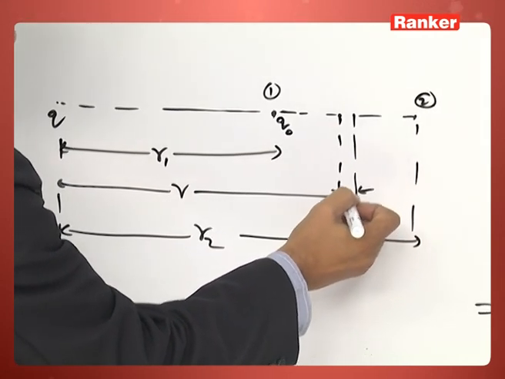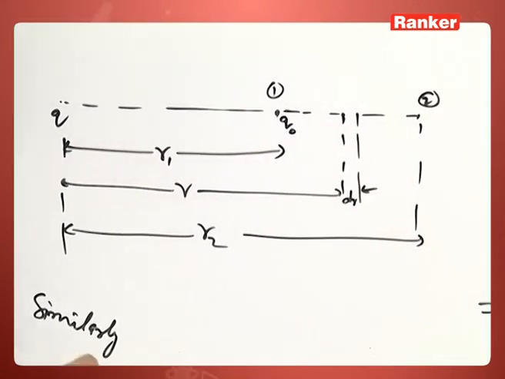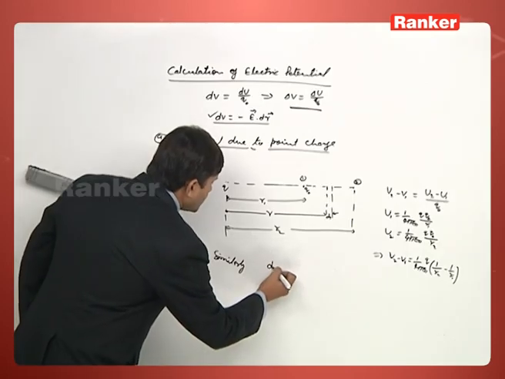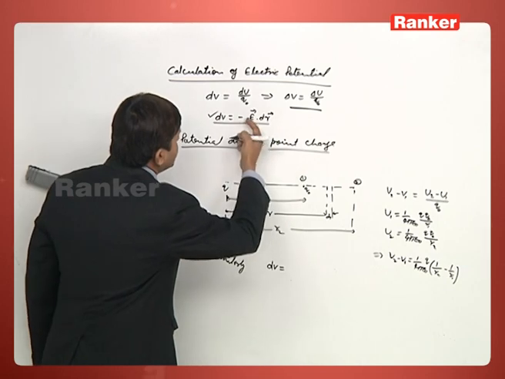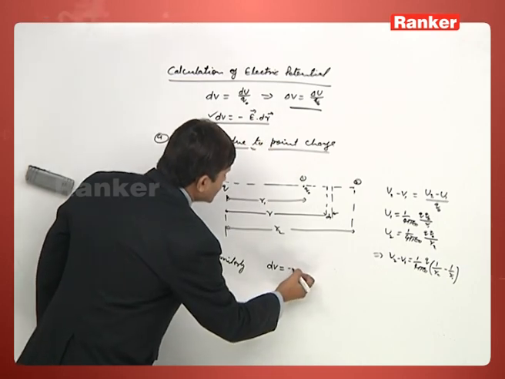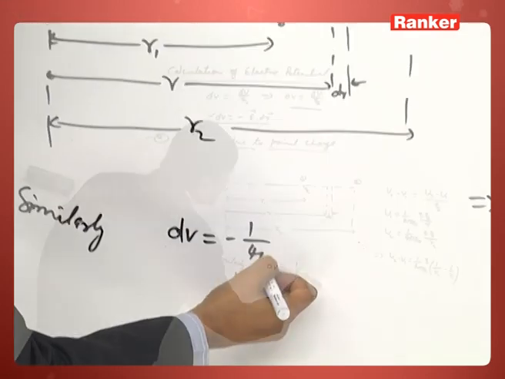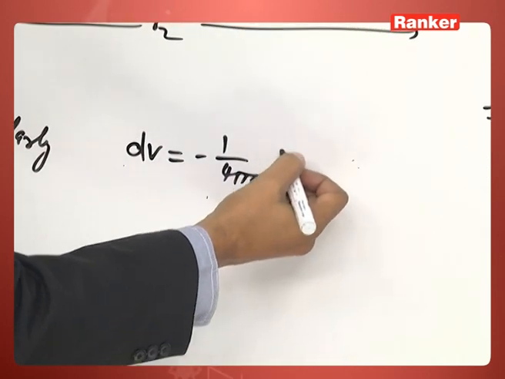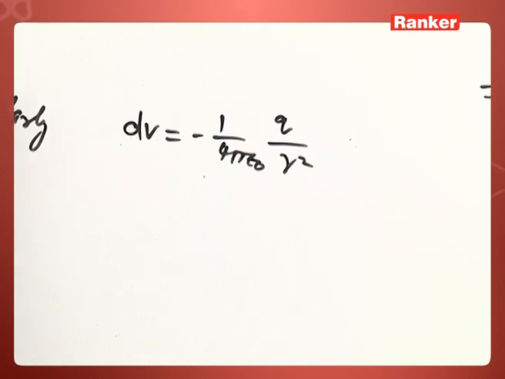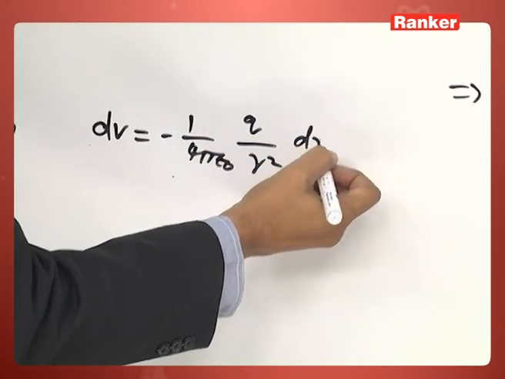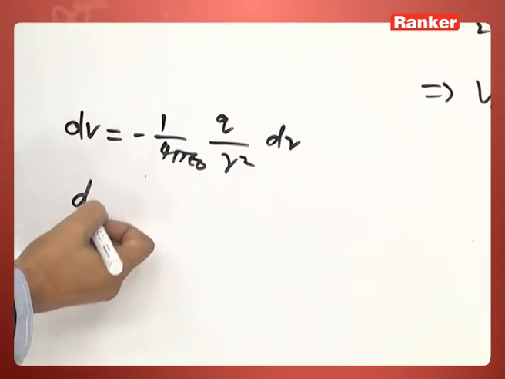For a small distance dr, dV is written as minus E dot dr. Here there is no need of any test charge. The E value due to this charge is Q by R square, times dr, and now integrate.